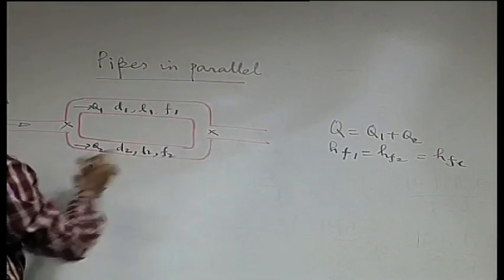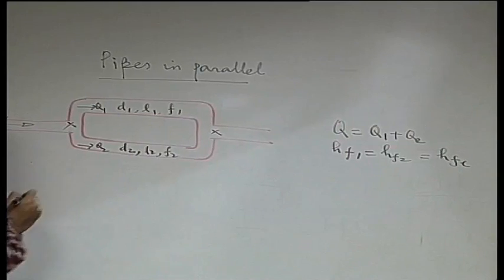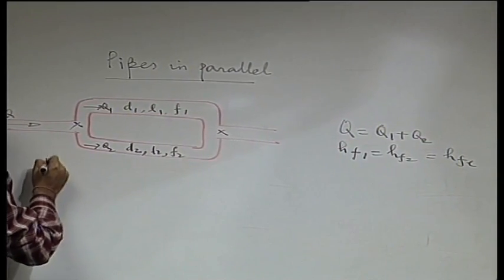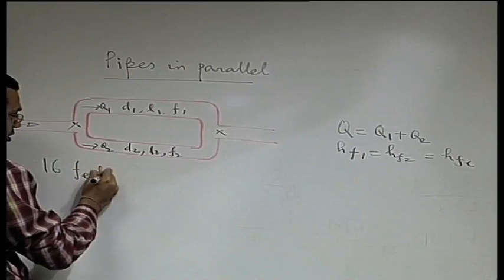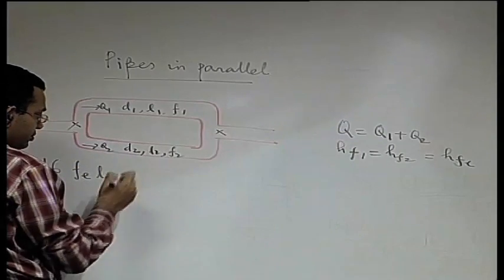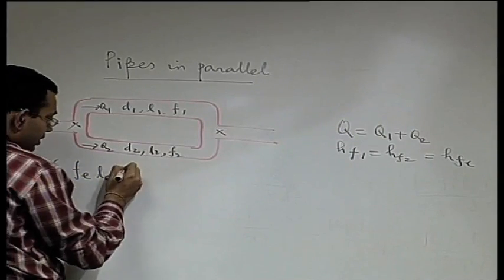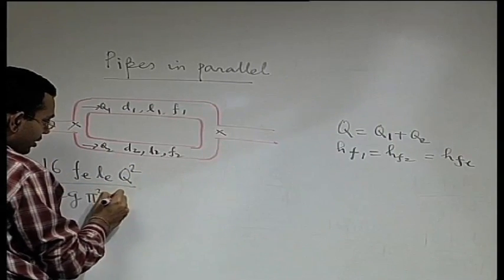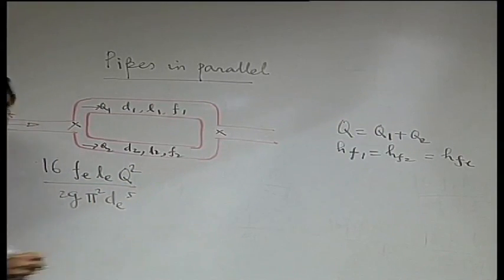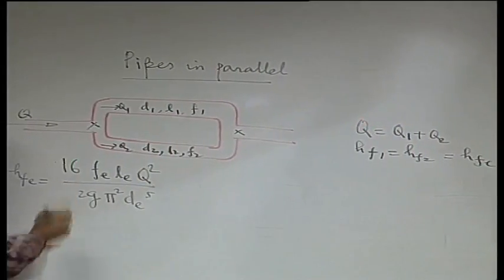So what is the HF of the equivalent pipe? It is 16 Fe Le Q square by 2G pi square d to the power 5, right. This is the HF of the equivalent pipe.